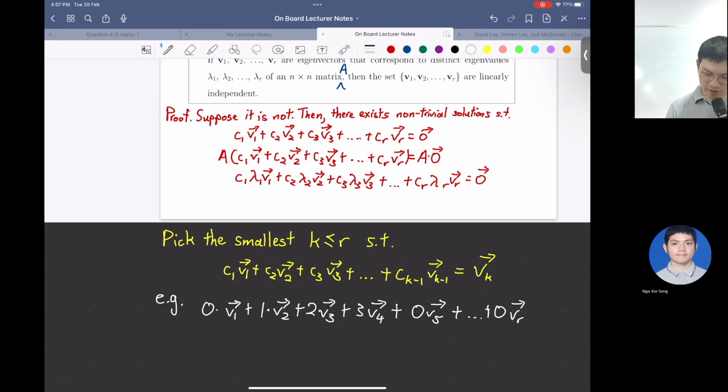So when I set this equal to 0, I can just take V4 equals to minus V2 minus 2V3 over 3.